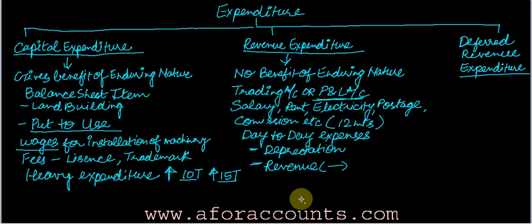But if I install a full system so that the manager's office is totally air conditioned, then that will be capital expenditure. See, custom duties paid or some taxes paid for import of machinery. Generally taxes occur again and again, so you can term them as revenue.